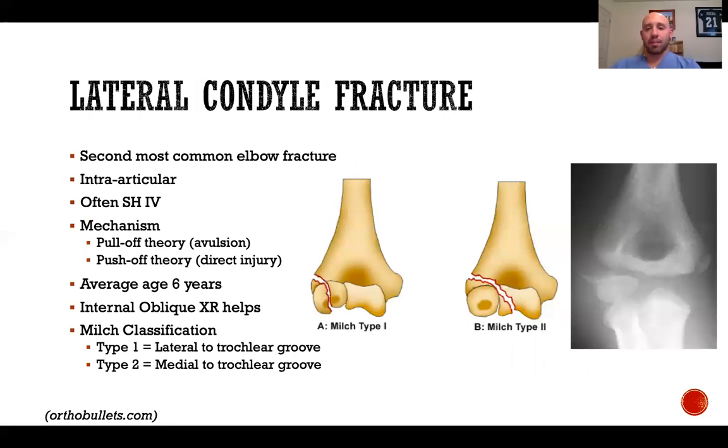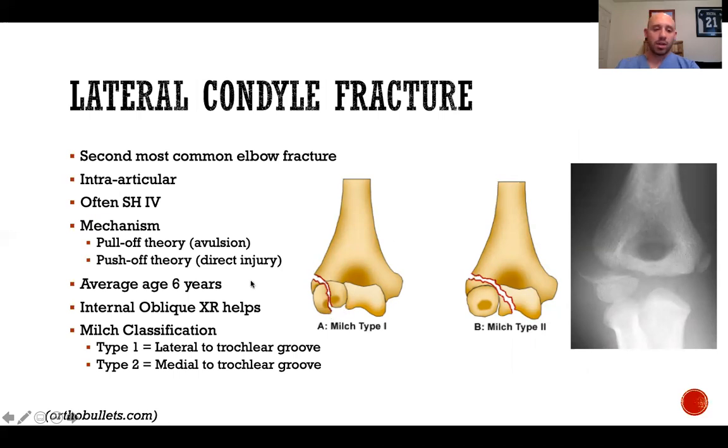So the next most common elbow fracture is a lateral condyle fracture. And what's different about this versus supracondylar fractures is that it's intra-articular. So you can see on this diagram here, the way you classify is the Milch classification, but you can see how it exits into the articular surface.